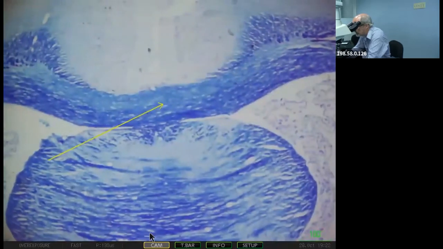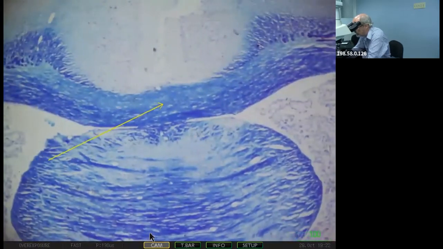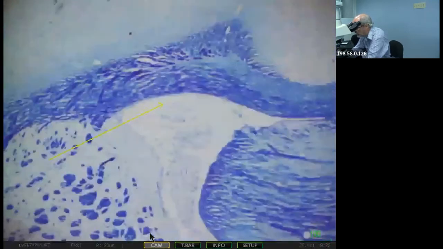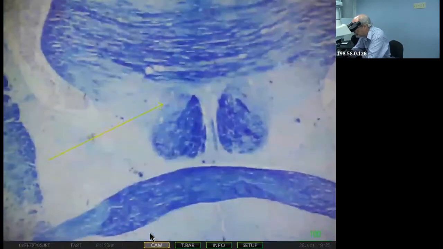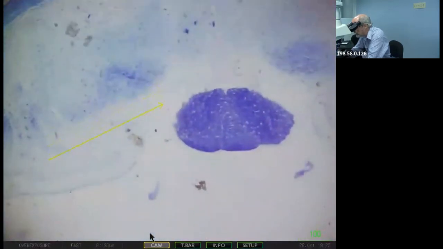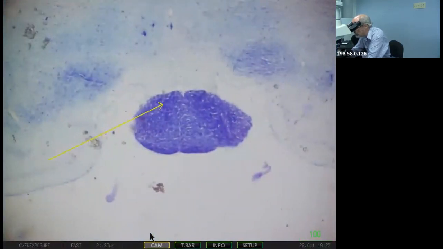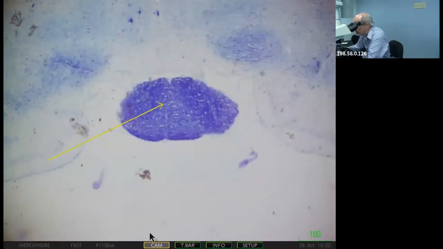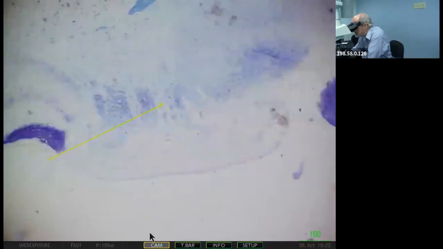So you have a structure here which is called the corpus callosum, which is stained in blue. And here you have your optic chiasma, which is stained in blue also, because you have a lot of myelinated fibers passing in these areas.